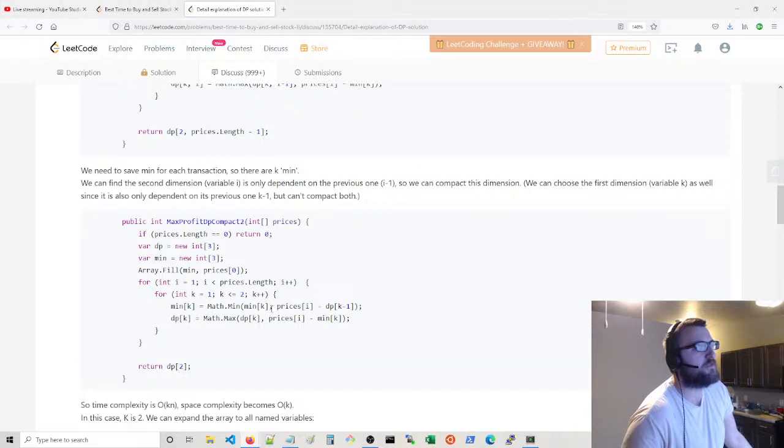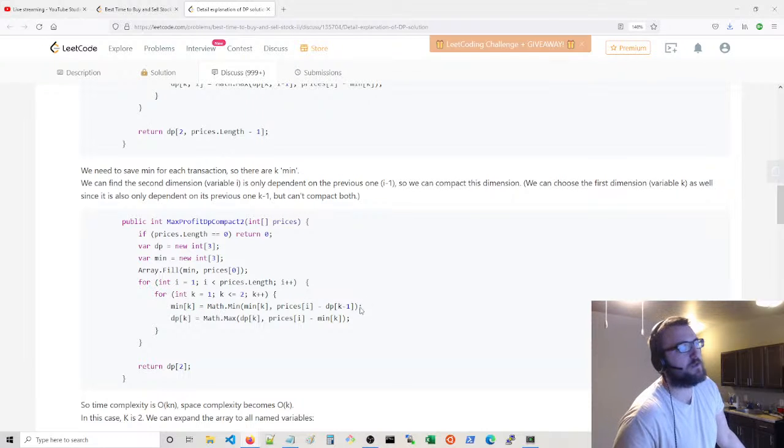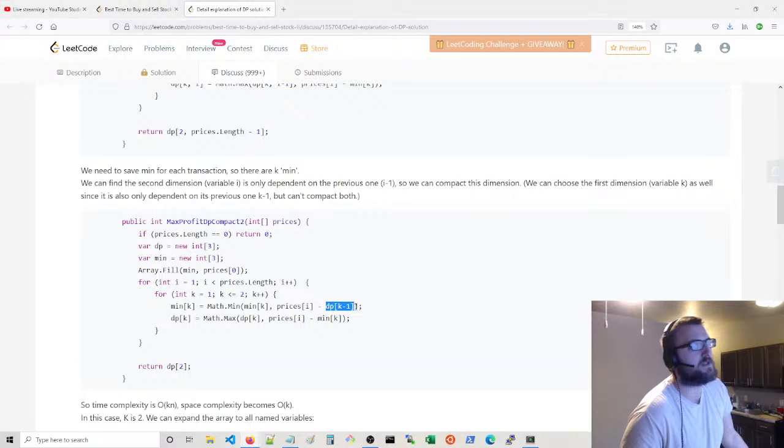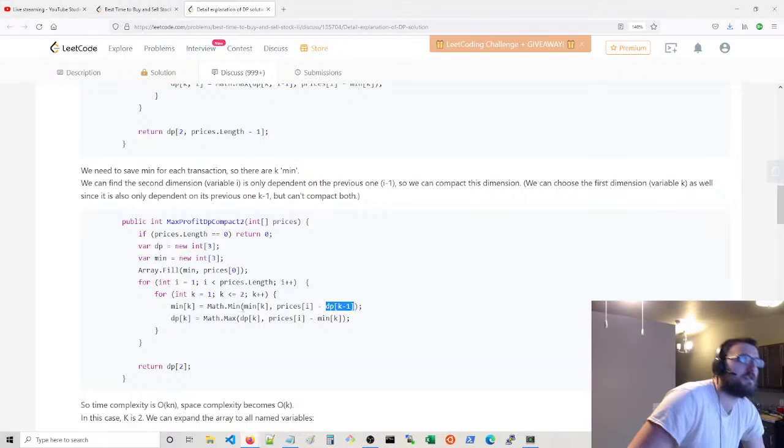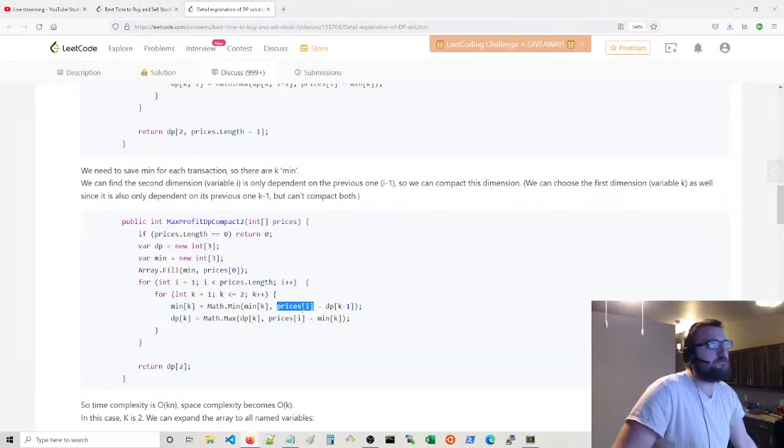When we go to 2, dp of 2. So the first minimum is kind of always the same thing, because dp of 0 is like negligible, right? So the first minimum is always just going to be min k or prices of i. And the second minimum, though, depends on the first one.